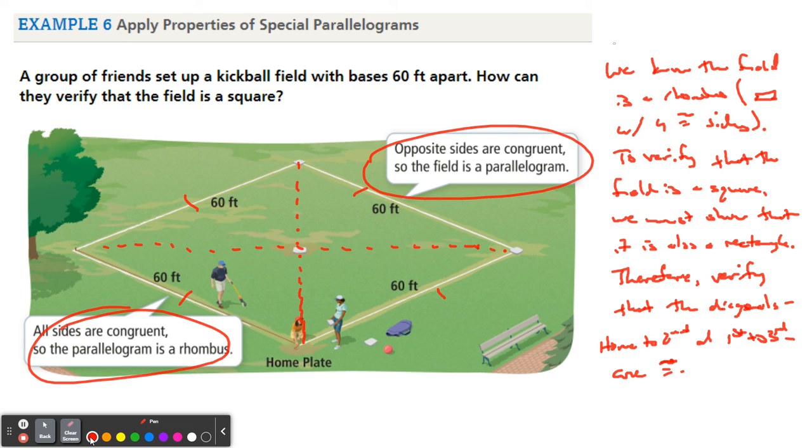There you go. And that's how you would verify that it is a rectangle and then a square.